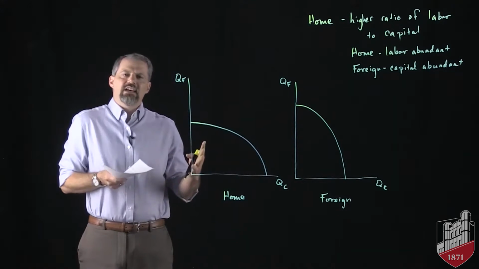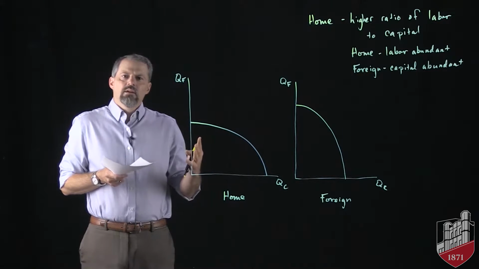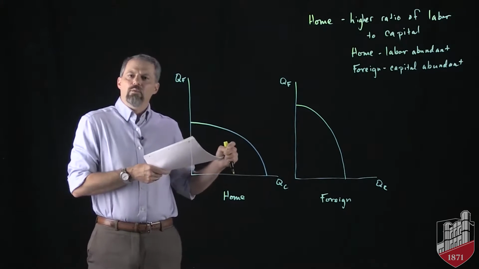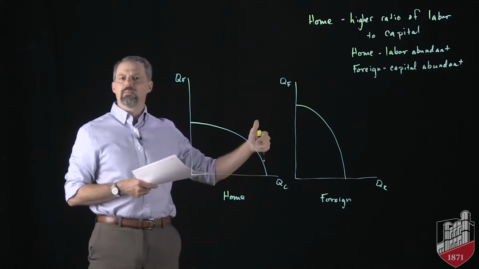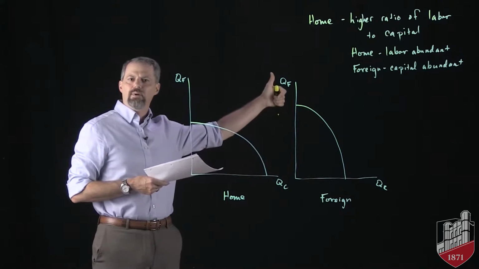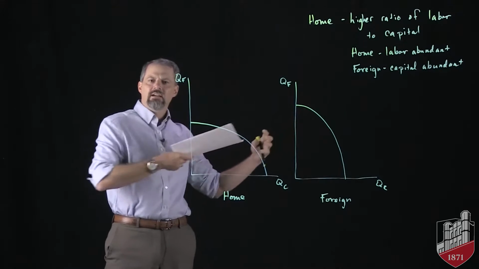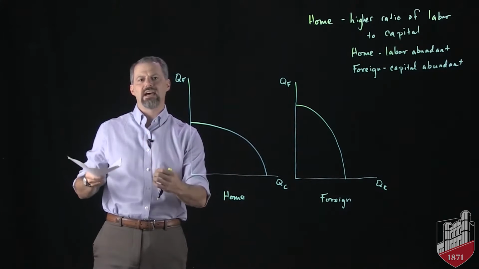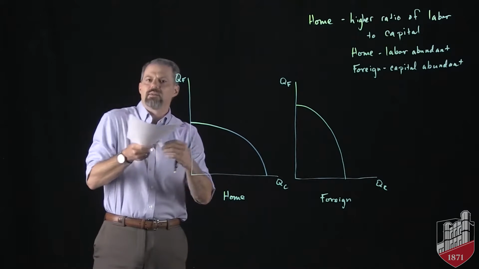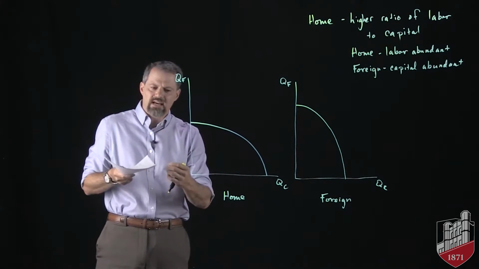I'm arbitraging that market. But as people do that, the demand for gas in Sedalia is going to be going up, which will drive that price up. And as people bring gas to Warrensburg, the supply of gas in Warrensburg is going to be going up, which will drive price down.